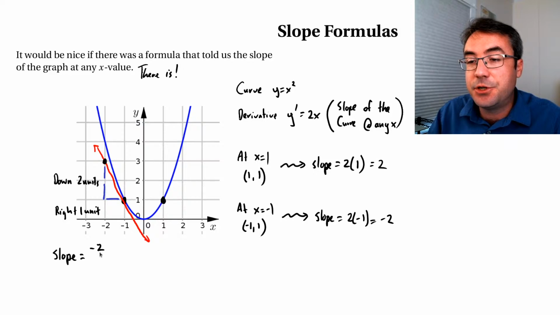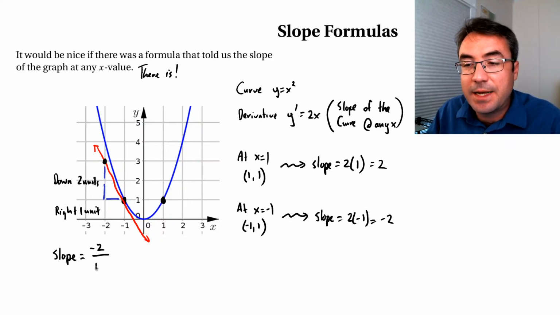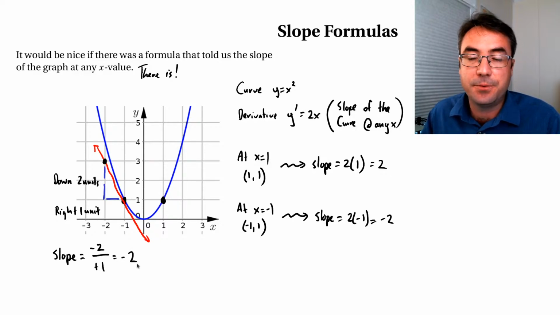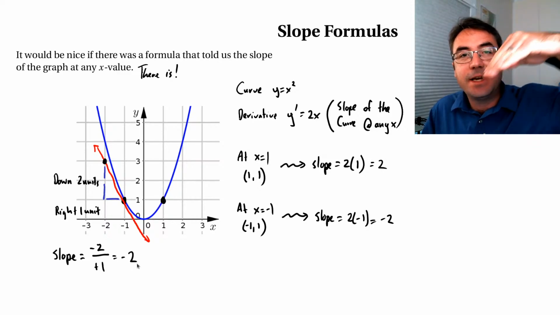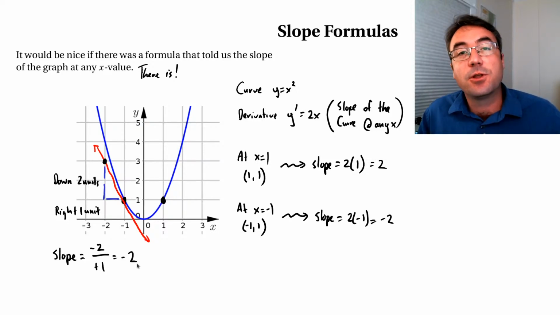So it'd be -2, and then change in x, we're still moving to the right, so that's still positive. So it'd be +1, so our slope here would be -2. And so we can kind of see here, when our tangent line is pointed down, our slope is negative, and when our tangent line is pointing up, our slope is positive.